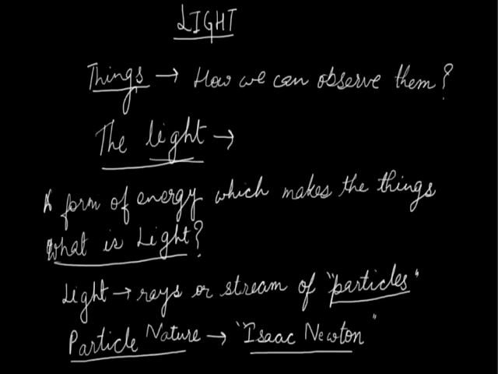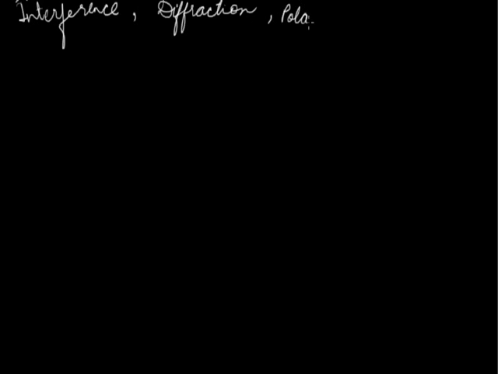But if we move to further details, we see that different phenomena like interference, diffraction, polarization, etc. could not be explained by the particle nature of light, which was its major drawback.